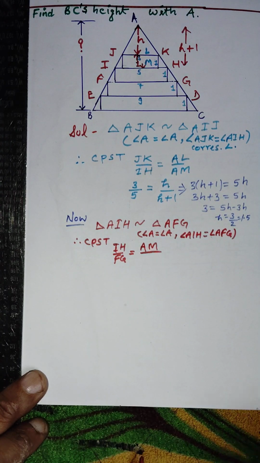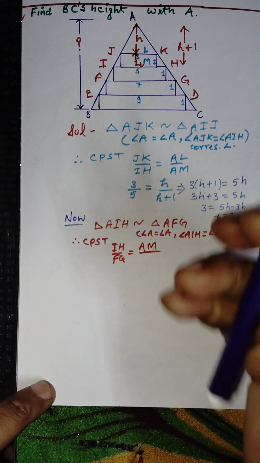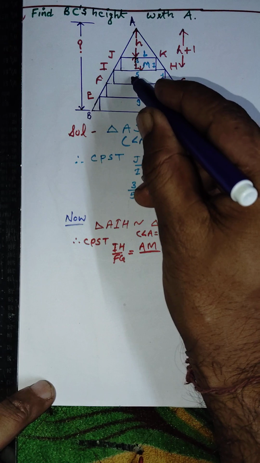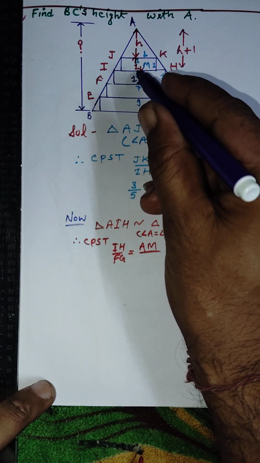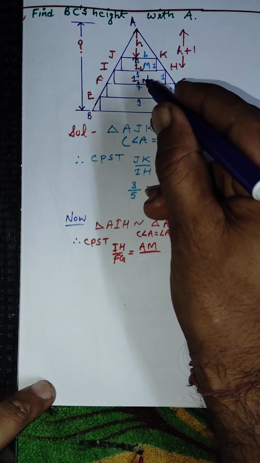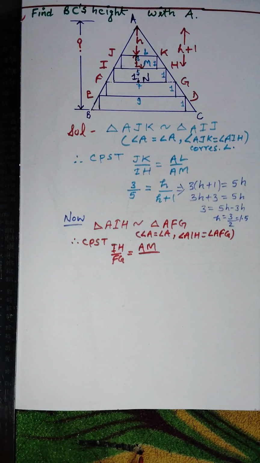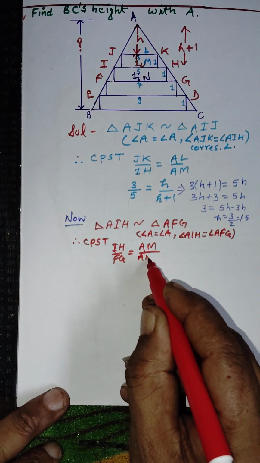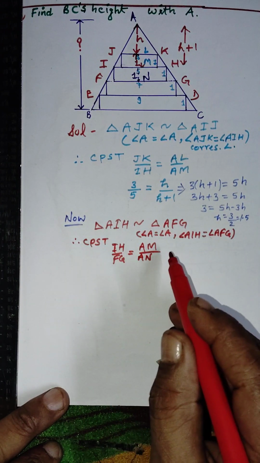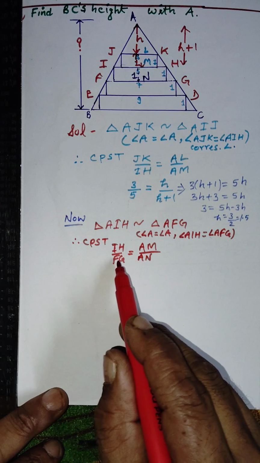AN. Suppose the next point is N, so this height is also 1. So this is CPST. Plug in the values.